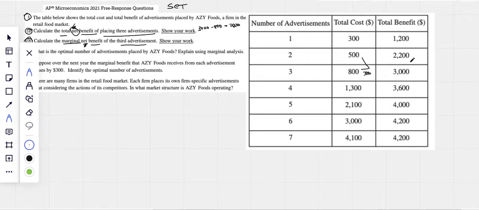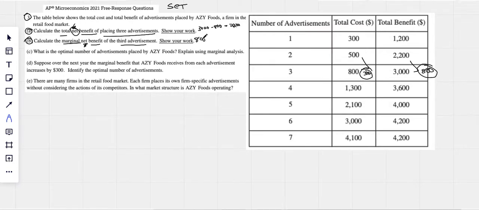And our marginal benefit is 2,200 to 3,000, which would be 800. So the marginal net benefit is just the marginal benefit minus the marginal cost. So 800 minus 300 equals 500. I hope that's easy to see.